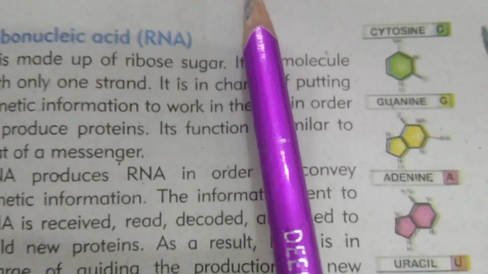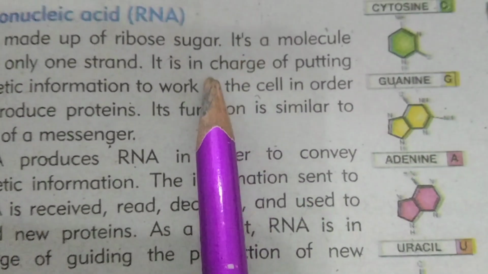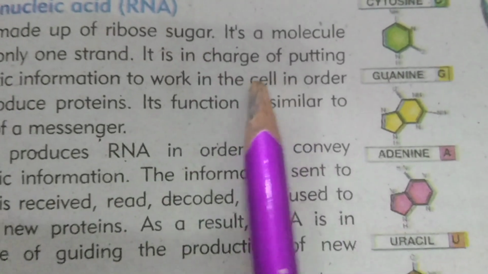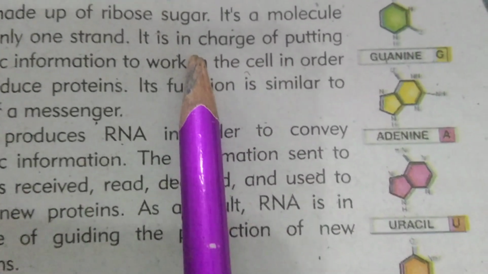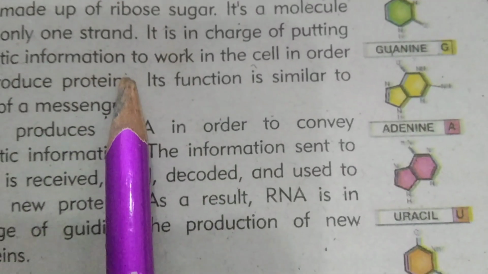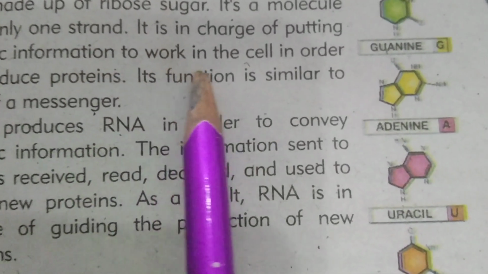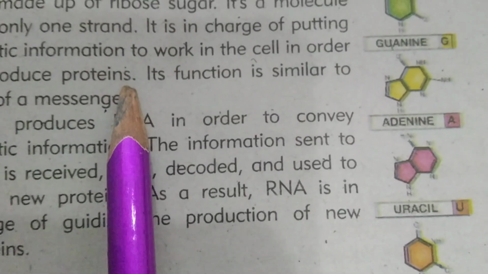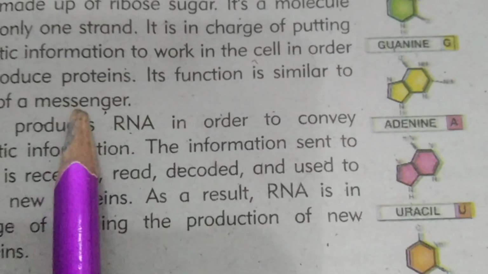Now, what is RNA? RNA is made up of ribose sugar in its molecule. It is single stranded, not double stranded, and it carries information from one cell to another for protein formation. Its function is like a messenger.